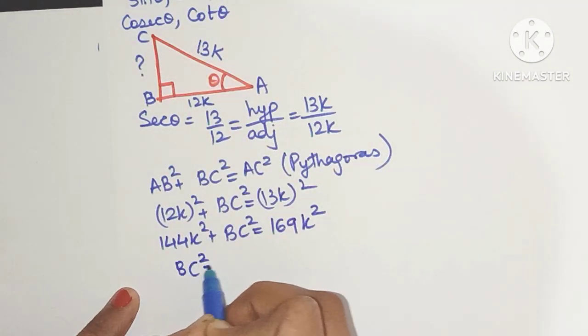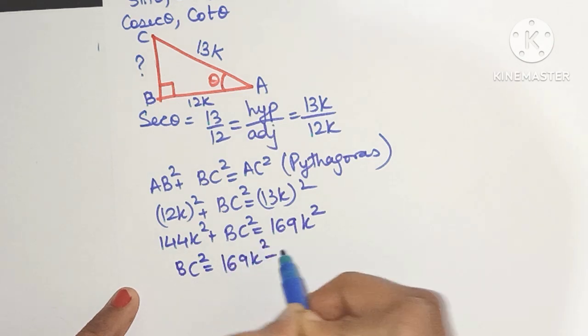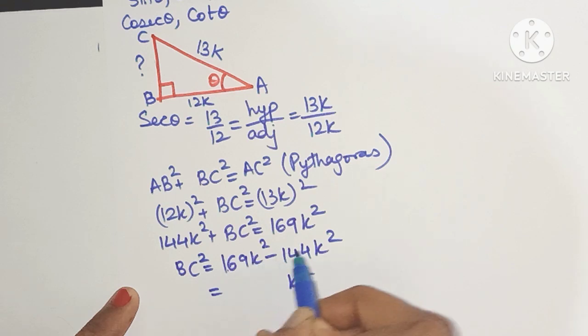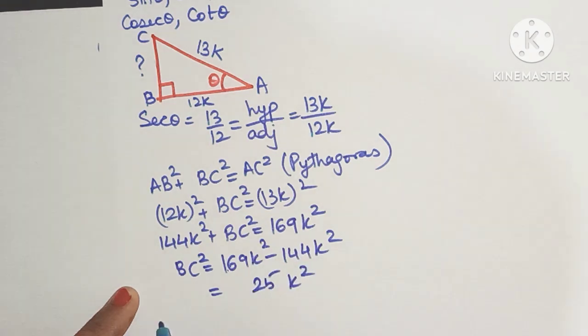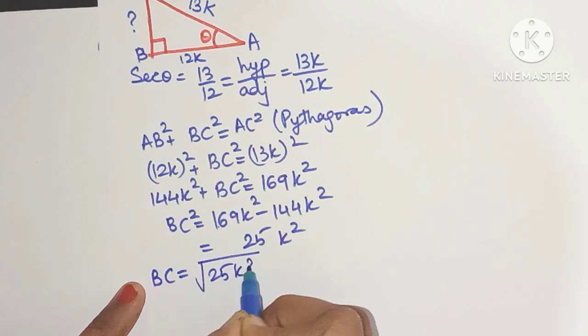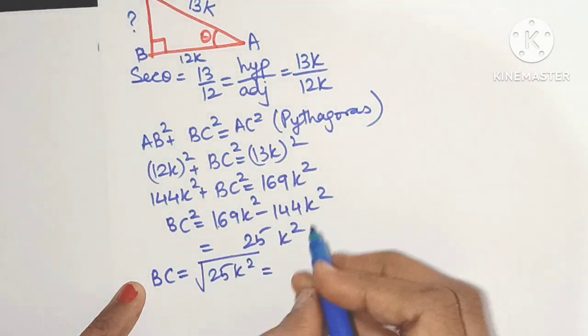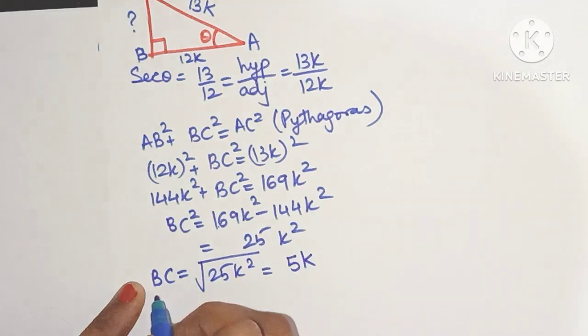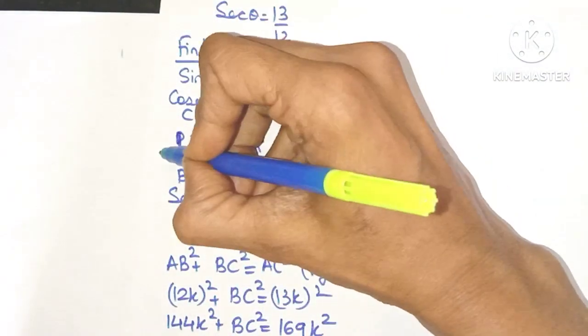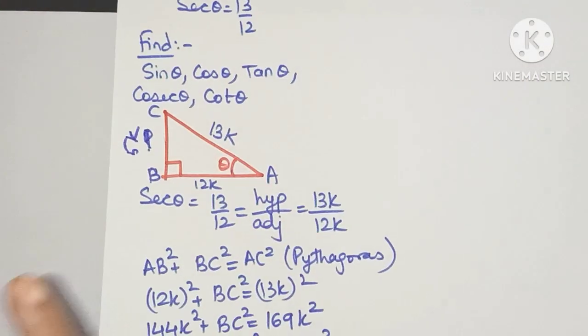So BC square is 169k square minus this term, 169 minus 144 is 25. So BC is the square root of 25k square. Now 25 is a perfect square, which is great. So you'll get 5k. So BC is 5k over here. That's it, friends. We have all the sides.